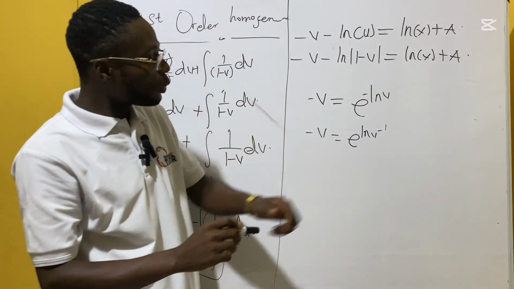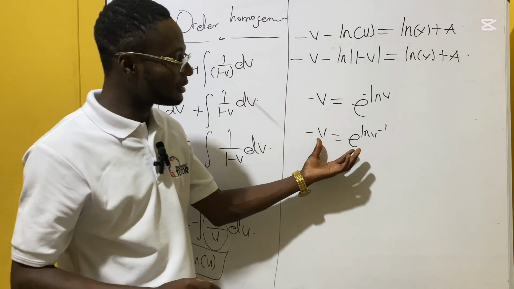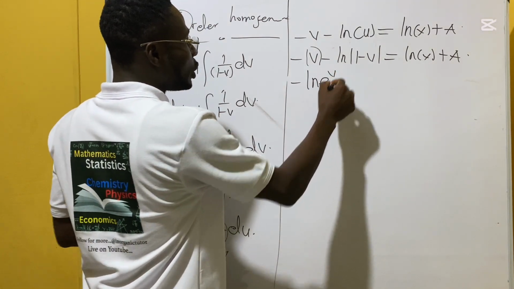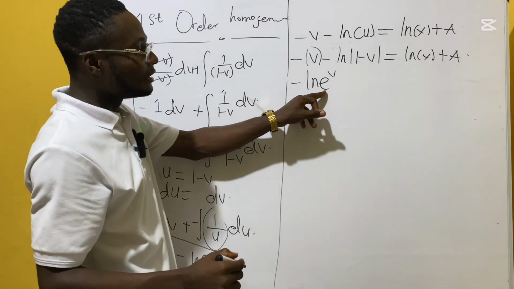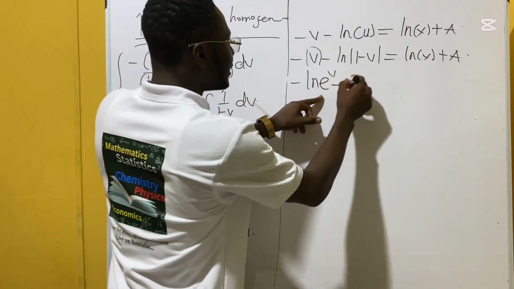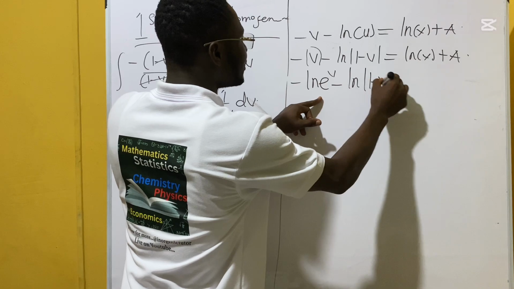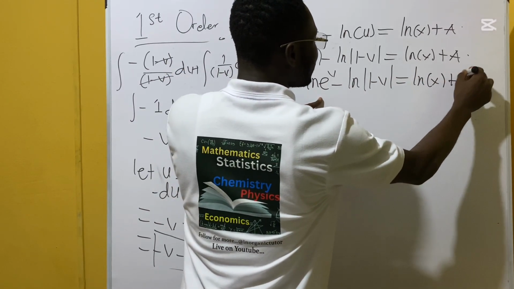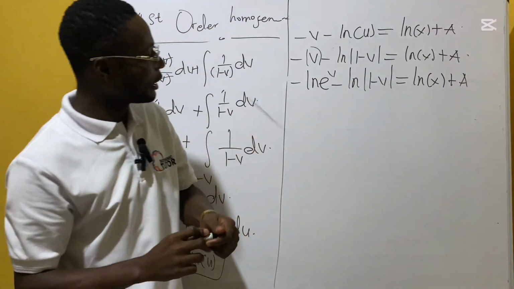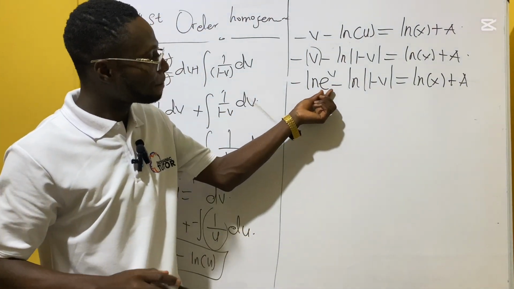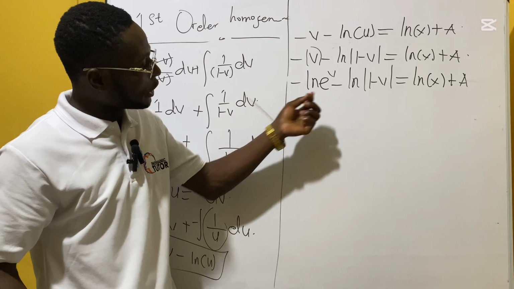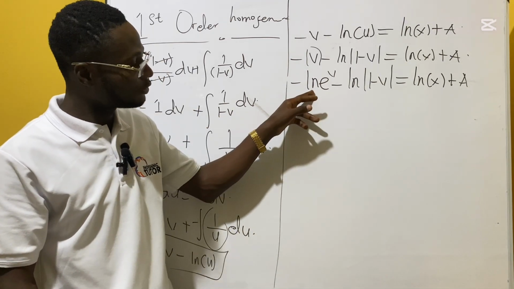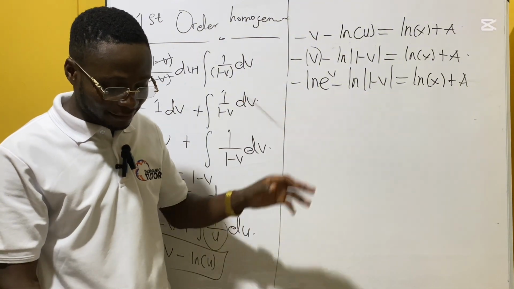All right, so we'll do these manipulations. Negative ln e power v minus ln of 1 minus v should be equal to ln x plus a. We have ln common to these steps, so we can factorize that out.